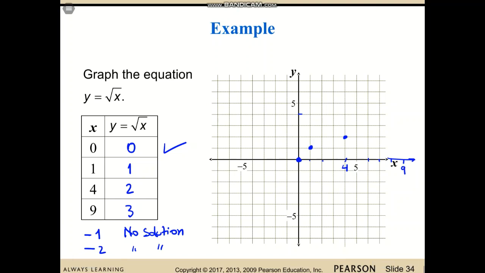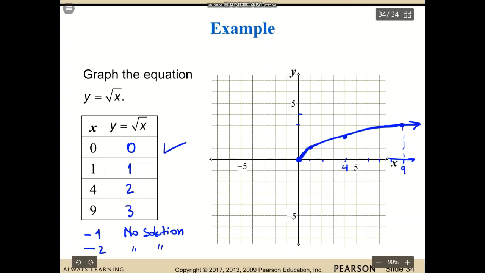Y equals 3. And this graphic is half of a parabola laying down. Goes all the way to positive infinity, but stops here.